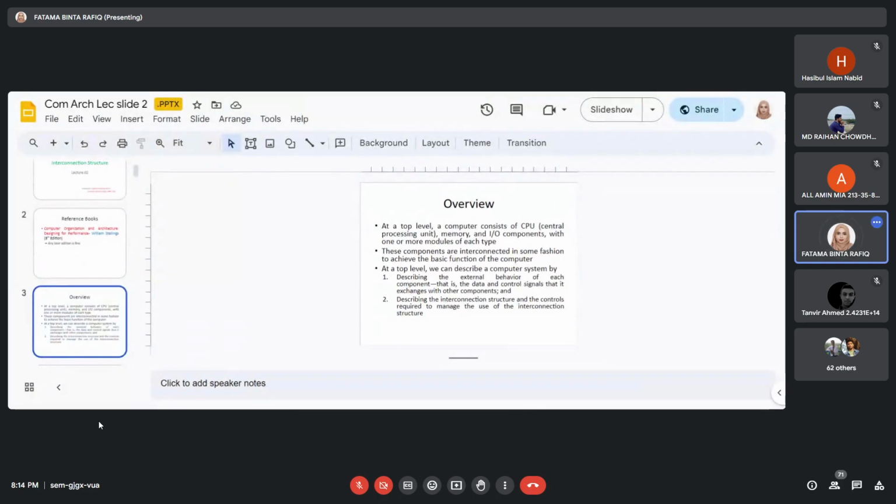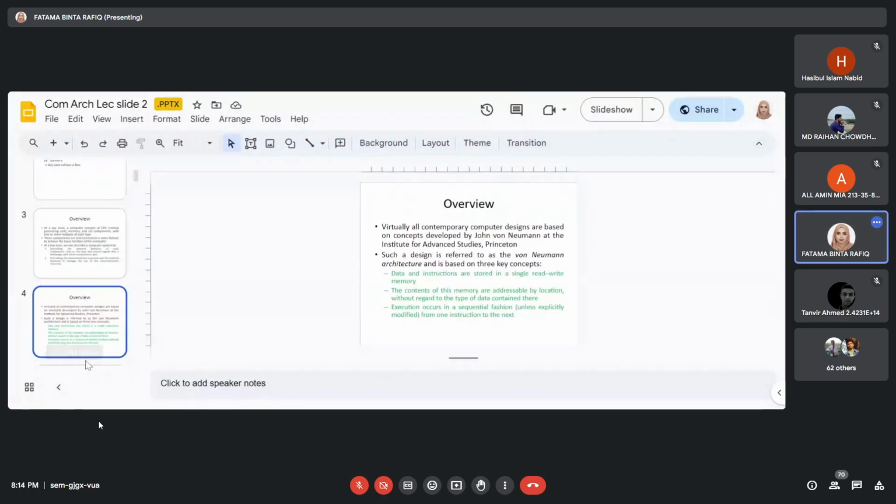So at the top level, we can describe a computer system by describing the external behavior of each component, that is, the data and control signals it exchanges with other components, and also the interconnection structure and controls required to manage its use. That's the overview.